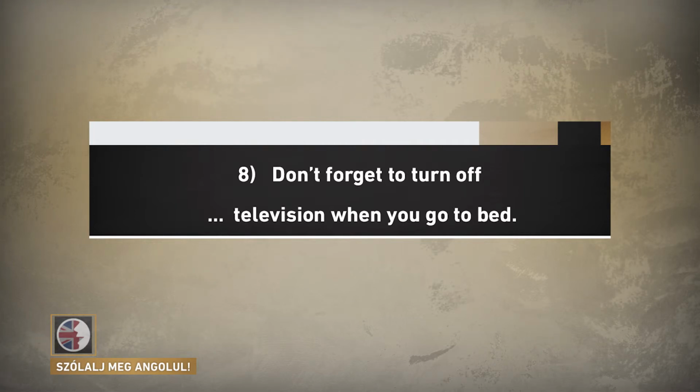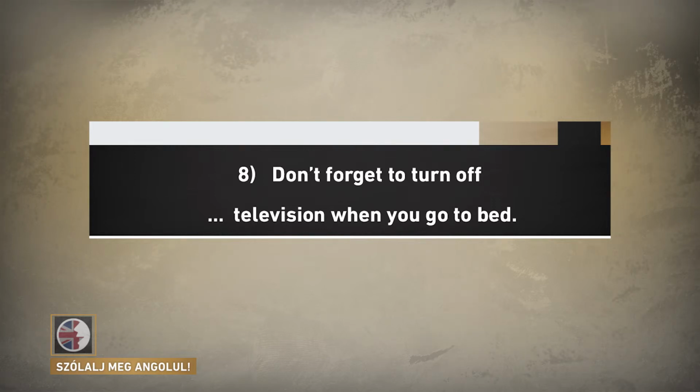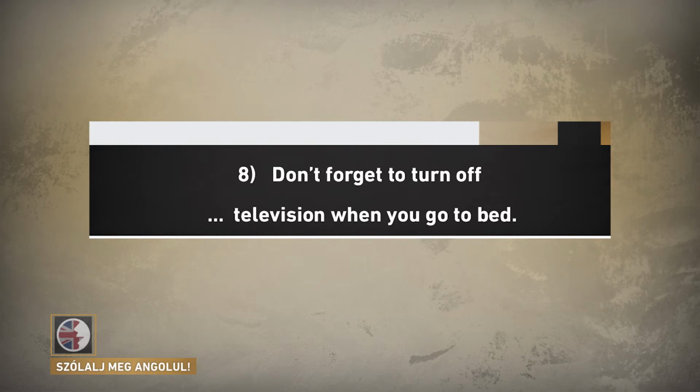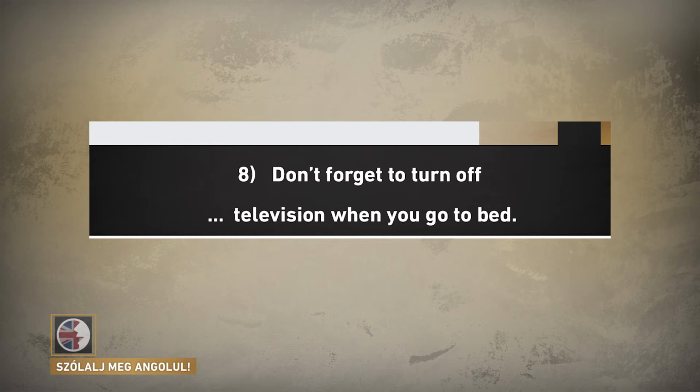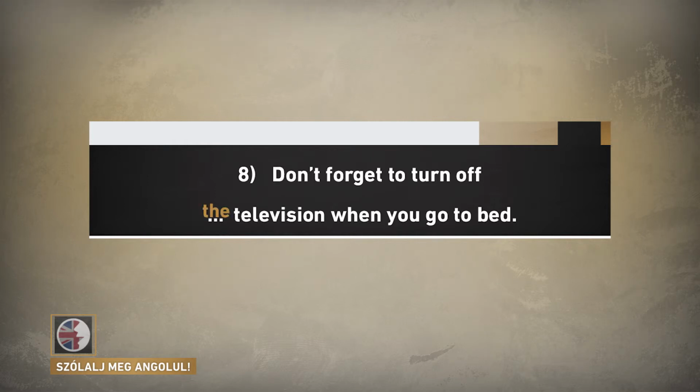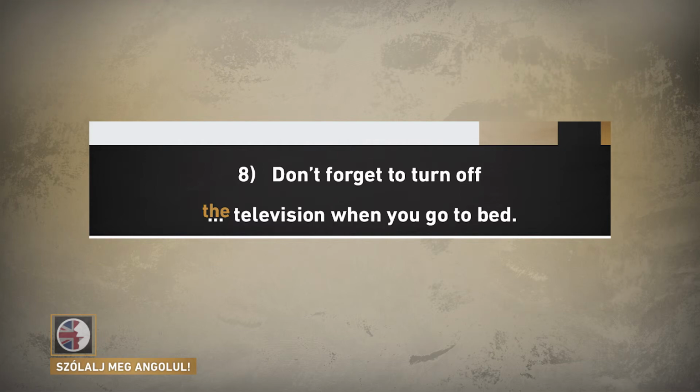We both know which television we're talking about. And because we both know which TV we're talking about, we use which article? That's right, the definite article. We're talking about a specific TV set, one which we both know, the one in our house or flat. So it's the television. Don't forget to turn off the television when you go to bed.